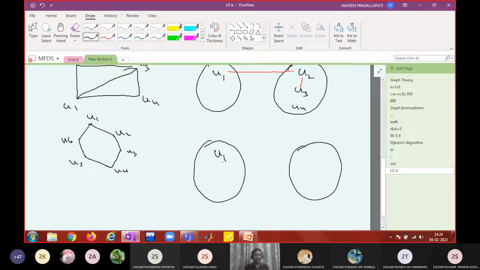You take U1. Because U1 is neighboring to U6 and U2, you take U3. If I take U3, then I cannot take U2 and U4. I can take U5. So if I put it like this, the remaining ones are U2, U4, U6.